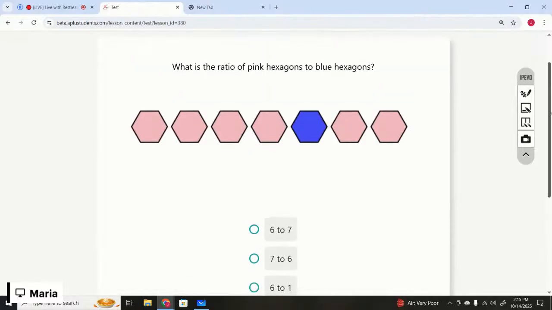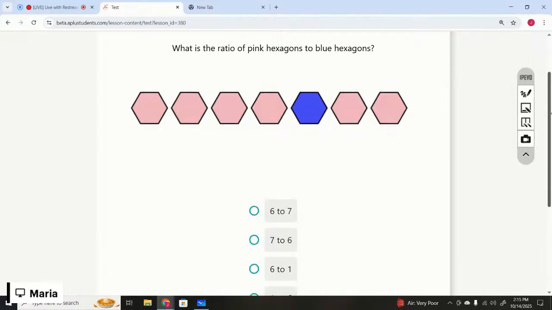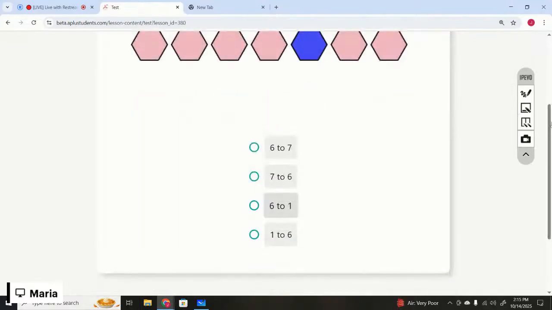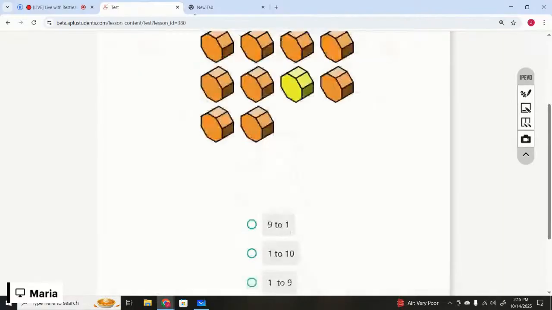What is the ratio of hexagons to blue hexagons? That is 6 to 1. That is the correct option.